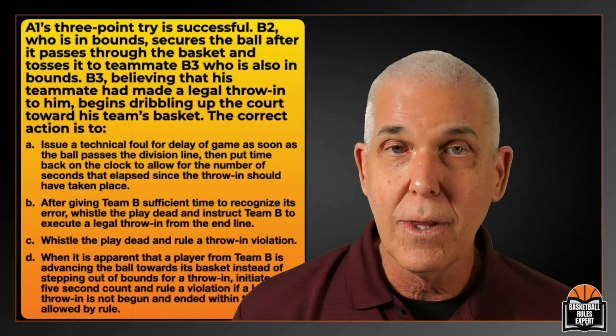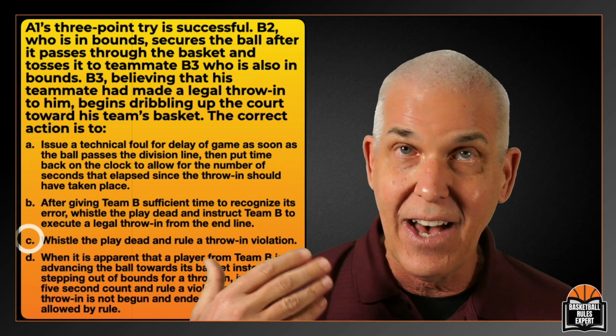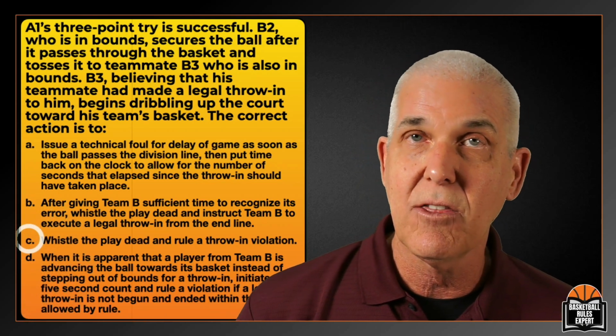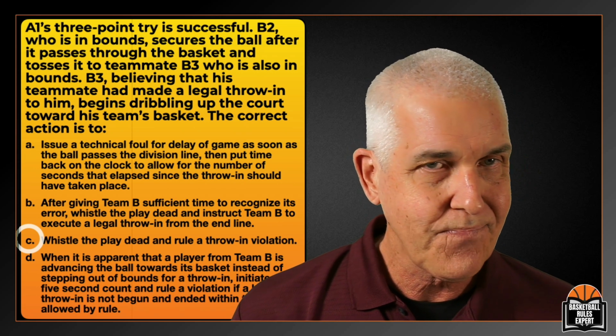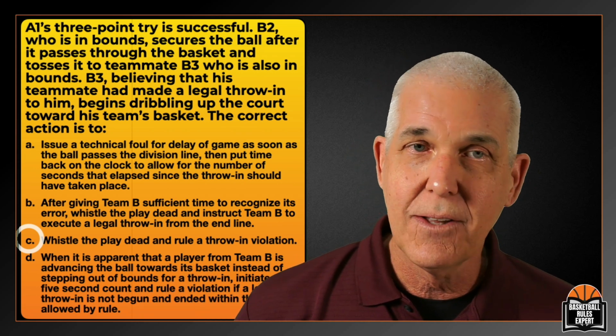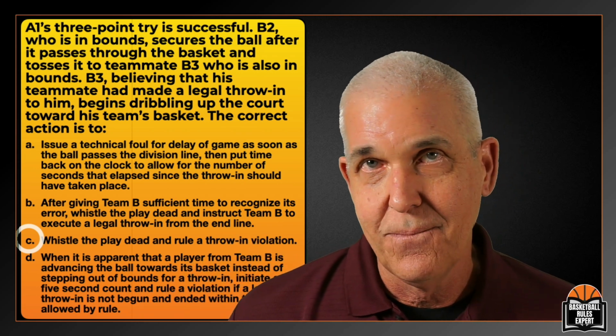Right? Now, if we're handling this maybe at lower levels, we may want to stop play and say, no, take the ball out, administer the throw-in. But it's important to understand that by rule, in this instance, this is a violation. This is considered to be a throw-in violation. We'd want to put a whistle on the play and go from there, right?